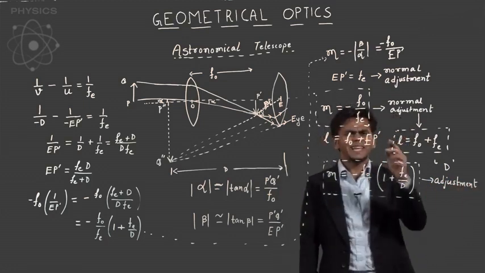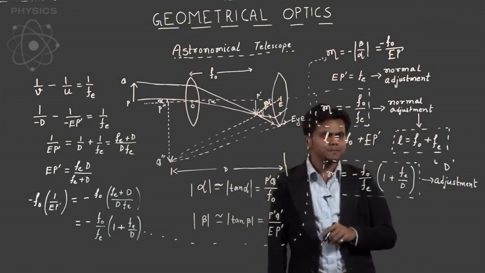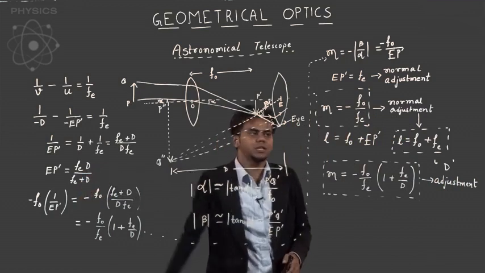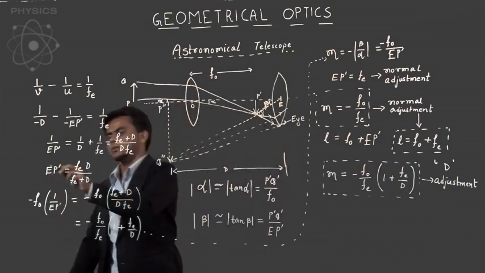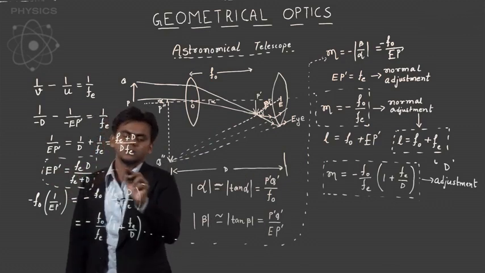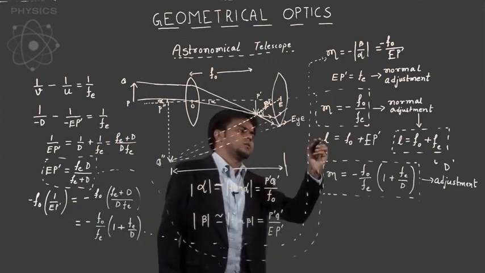Now, what about the length of the tube? That is FO plus EP dash. EP dash here is this quantity, FED by FE plus D. So if you use this thing over here, straight away coming to here, right?